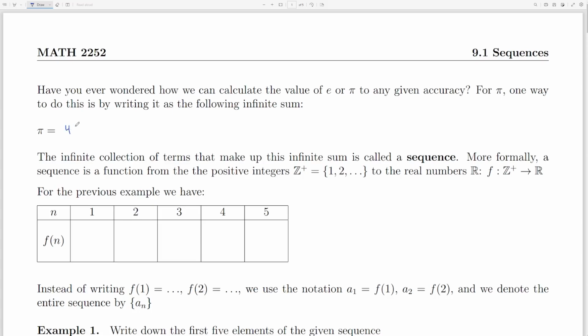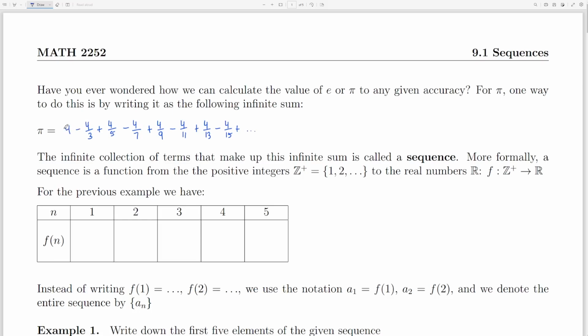Pi is equal to 4 minus 4 over 3 plus 4 over 5 minus 4 over 7 plus 4 over 9 minus 4 over 11 plus 4 over 13 minus 4 over 15 plus, and I hope that you see the pattern here.